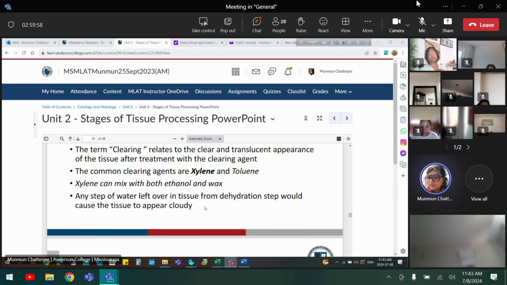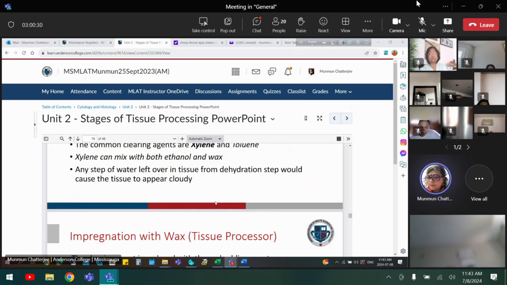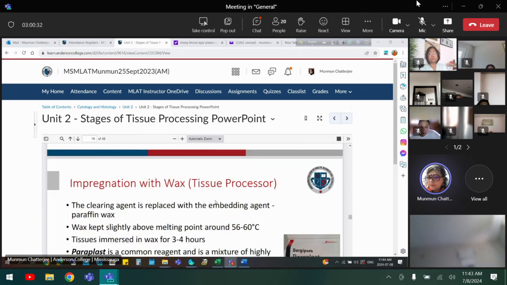If the tissue is totally dehydrated through the alcohol gradation, then when you dip the tissue in the xylene, it stays clear. That's how you check whether the dehydration is done. If you put the tissue in the xylene and it becomes cloudy, that means the dehydration step was not done properly. The tissue still has some water remaining inside.